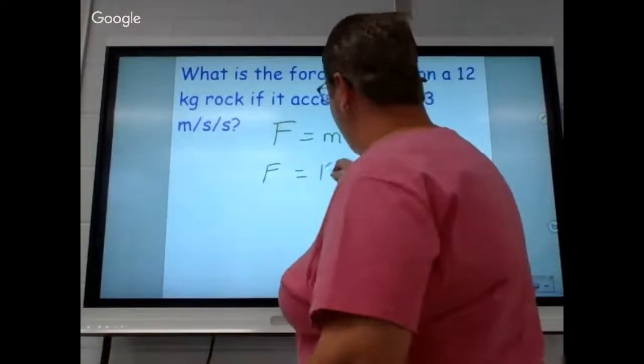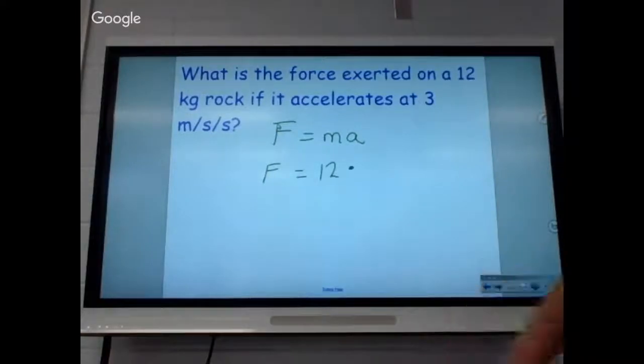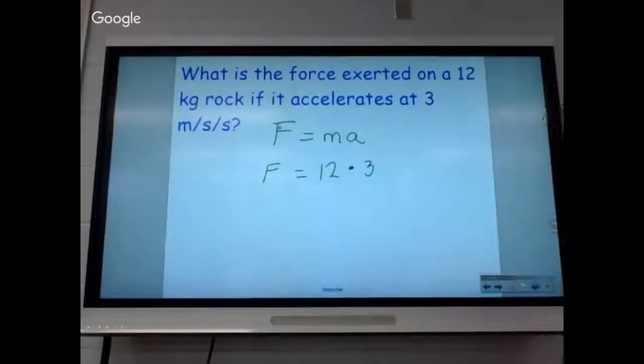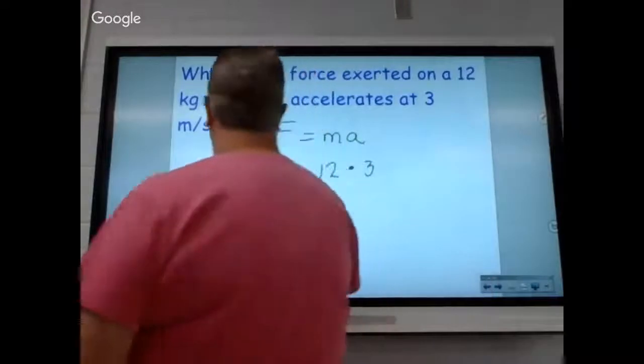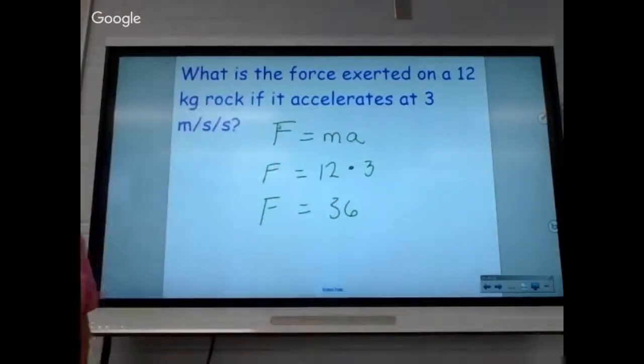So we're going to put 12 where mass is. All right, what is the acceleration that's given to us in the question? So we're going to put 3 here. So how are we going to solve for force? So 12 times 3 is 36. Now, what unit have we learned the last couple days goes on a force? You remember?